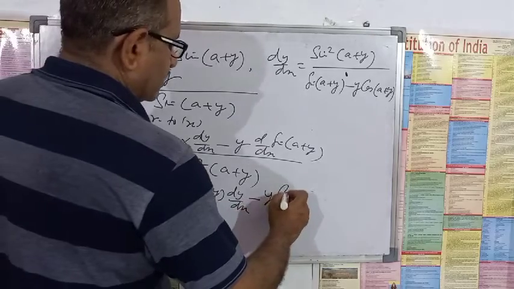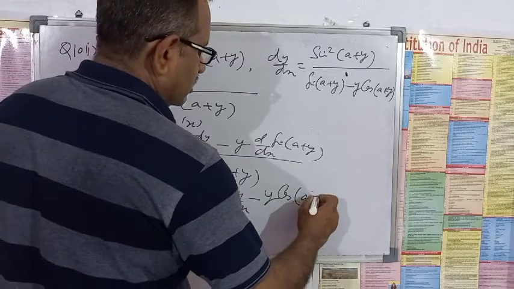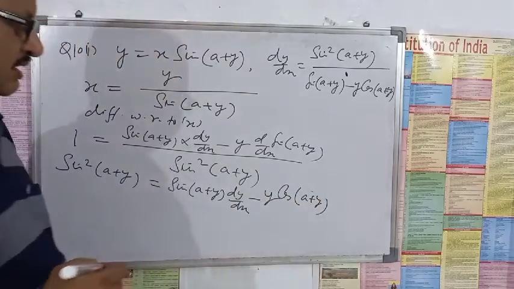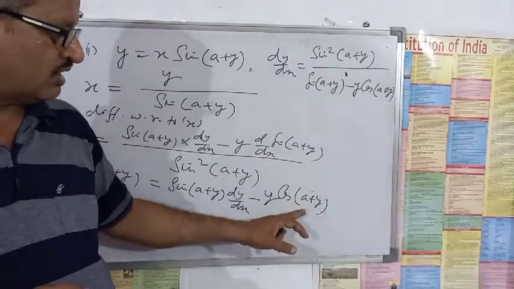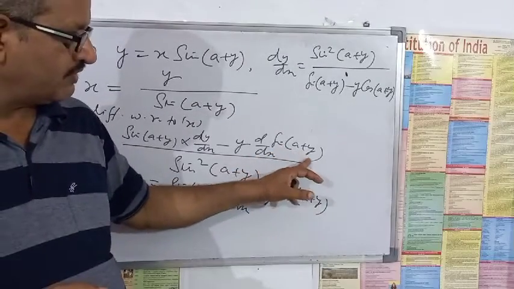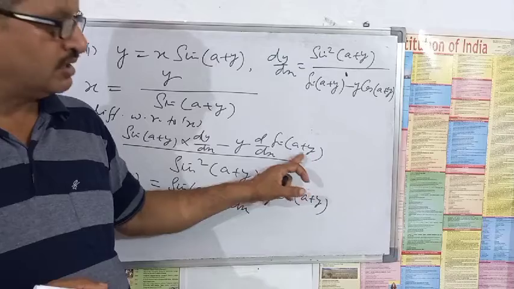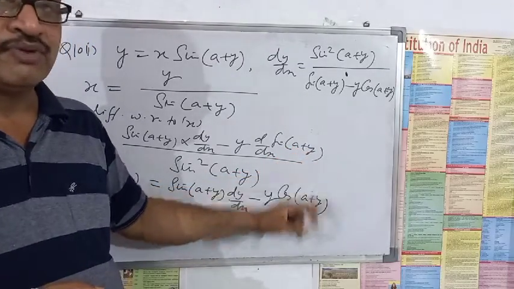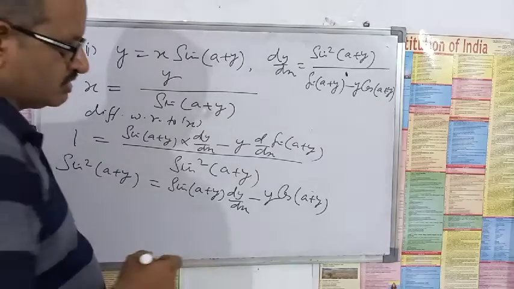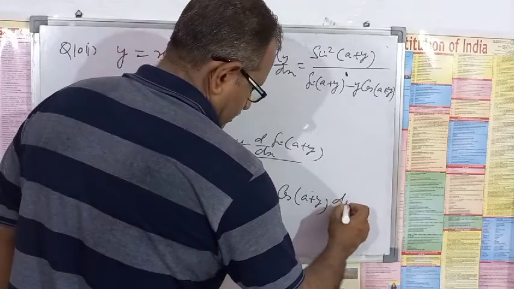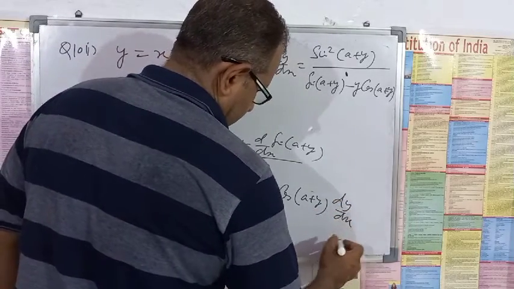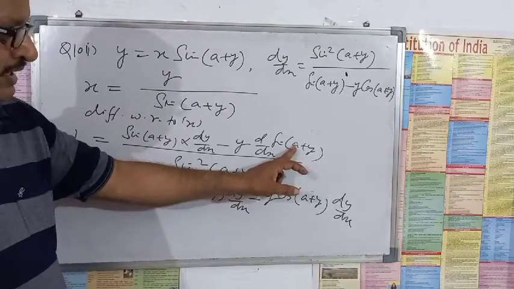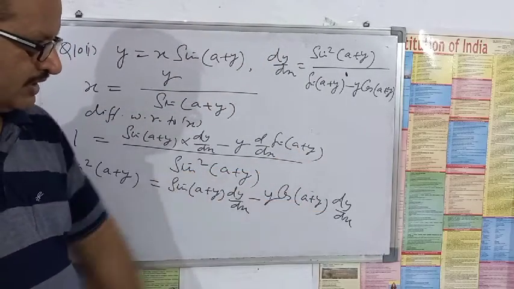So we can write cos a plus y. Now we differentiate a plus y. Derivative of a is 0, constant, and derivative of y is dy by dx.